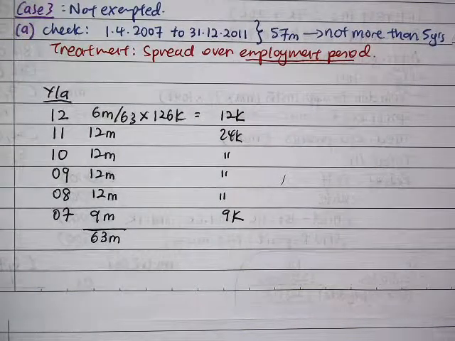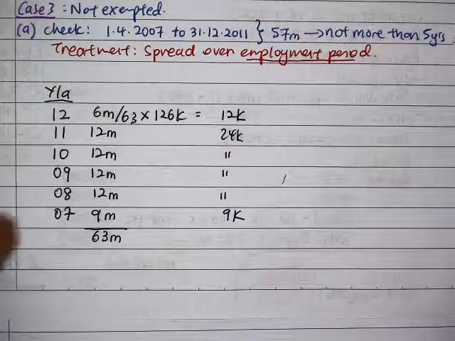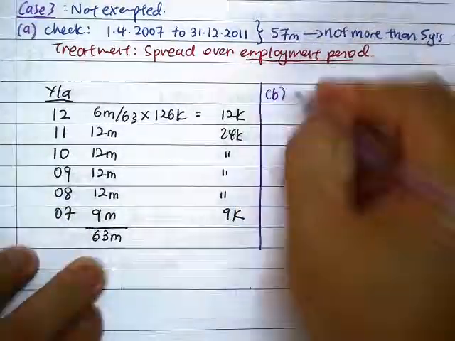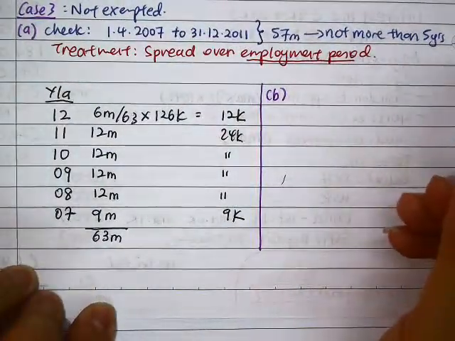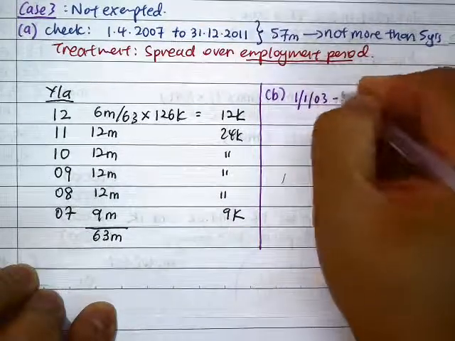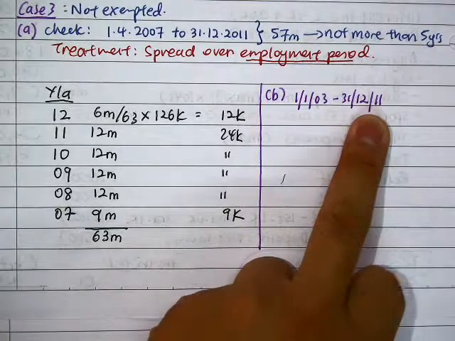Okay, this is the case when Purva's employment commenced on 1st April. Part B is much easier. B, what if the employment commenced on 1st January? If it's 1st January 03, you still check until December 11.